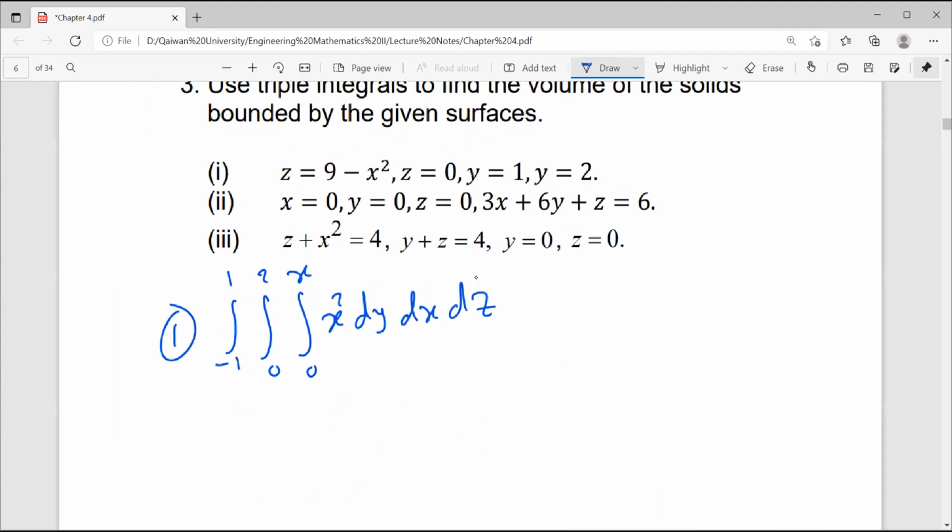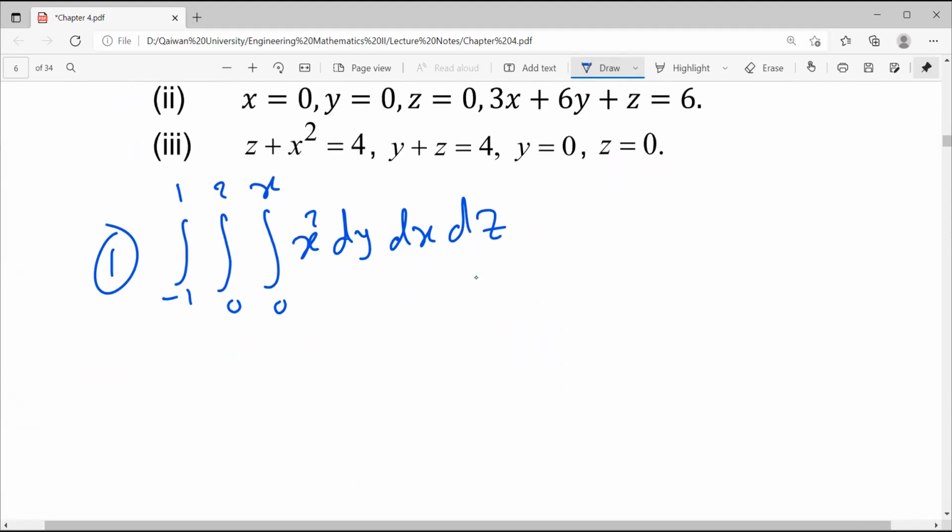Here the first integration is with respect to what? The first integration is with respect to y. We take this integration first.